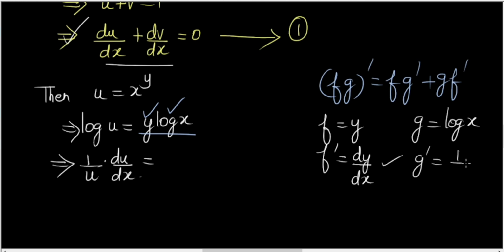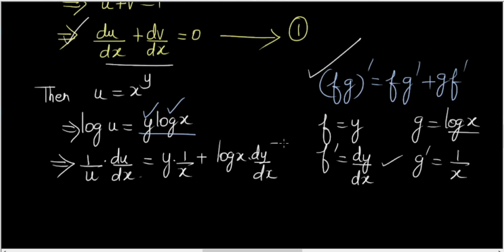Derivative of log x is 1 over x. So this is the pattern. Let us apply this in our right hand side. So f g dash: y times 1 over x, plus g f dash, that is actually log x into dy over dx. We found the derivative perfectly on the right hand side.